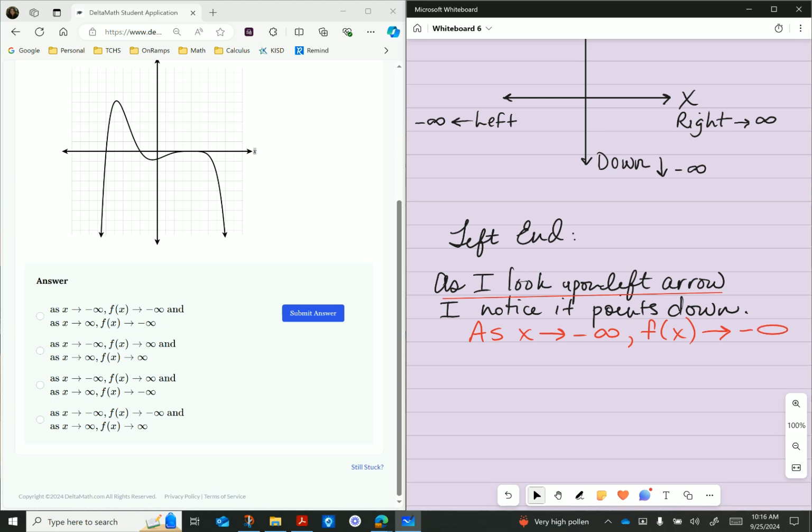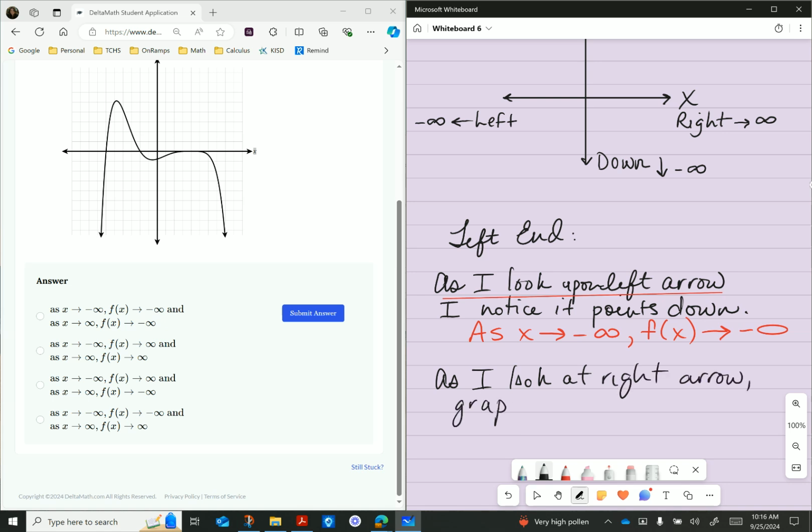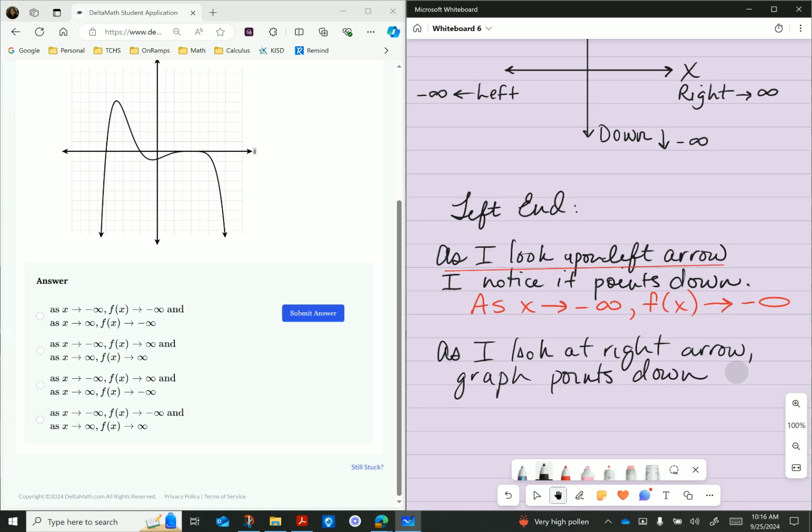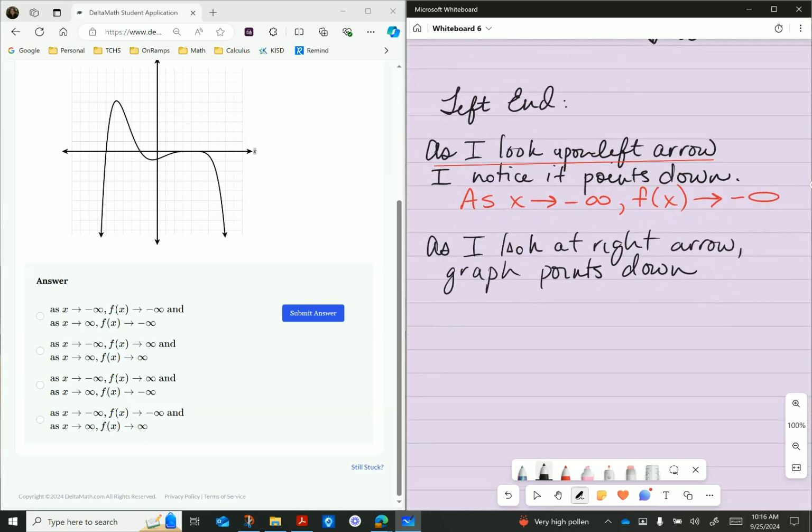And then I'm going to say again, let's say it all in layman's terms, as I look at the right arrow, my graph also is pointing down. So instead of writing all this in black, how do I write it in red using the right end behavior notation?